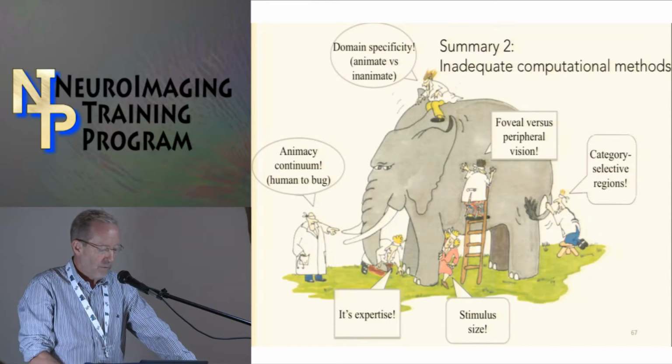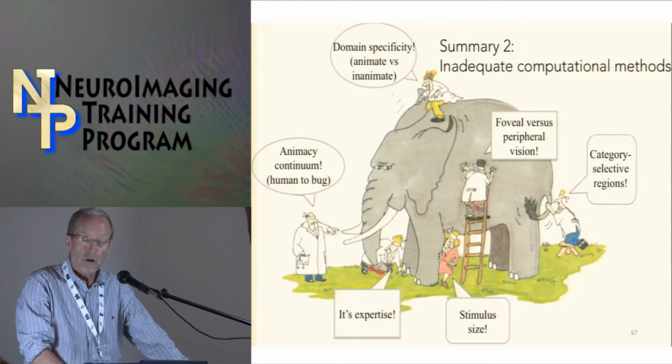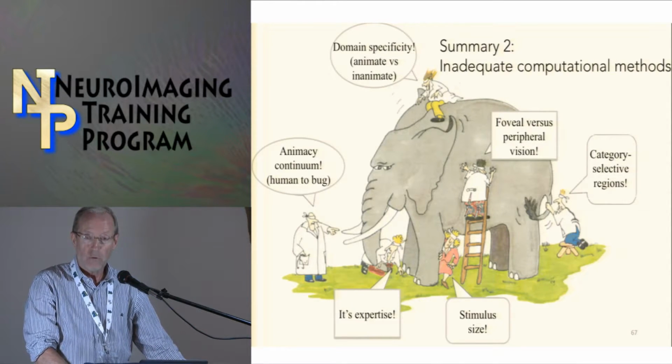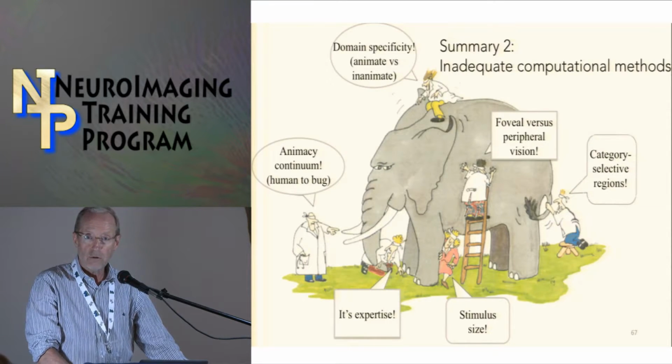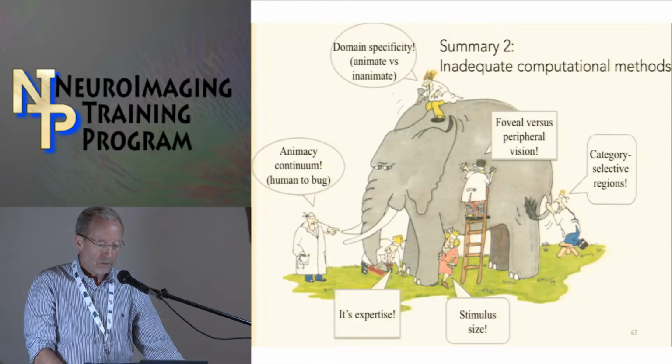Yes, things like the animacy continuum, domain specificity, animate versus inanimate, category selective regions, all those things exist in ventral temporal cortex, but they account for only a small portion of what's going on there. And you need better designed experiments with natural, richer stimulus sets and computational methods that let you model it as a high dimensional space rather than stimulus selective regions.